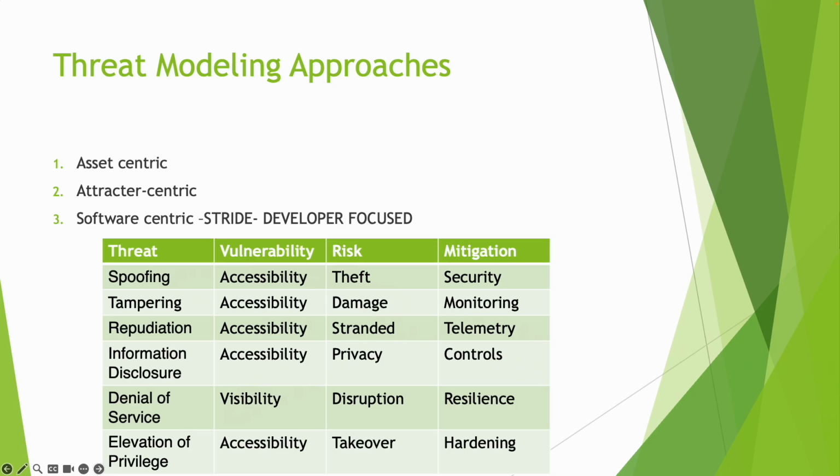This is when someone stops you from using something, like blocking the way to the car so that you can't drive it. The last one in the list is elevation of privileges. This is when someone gains more control than they should, like if a bad person hacks your car and can control it even though they are not supposed to.